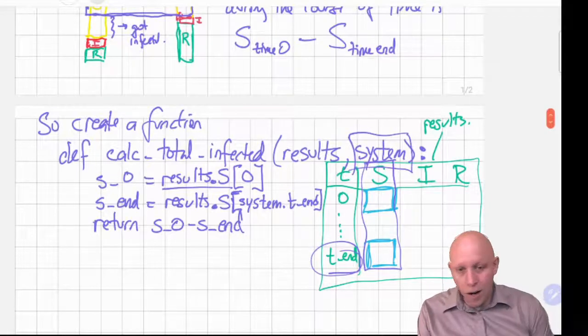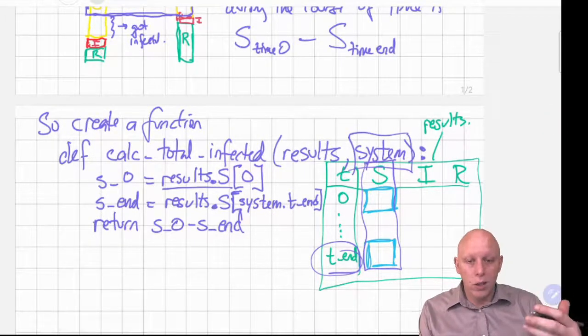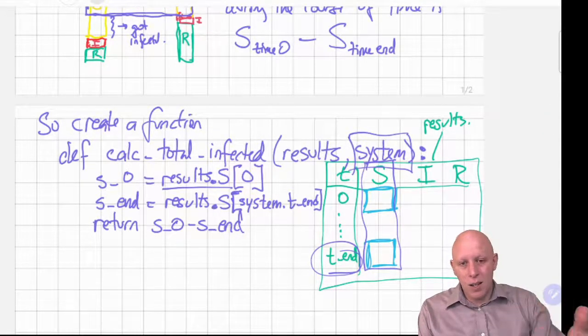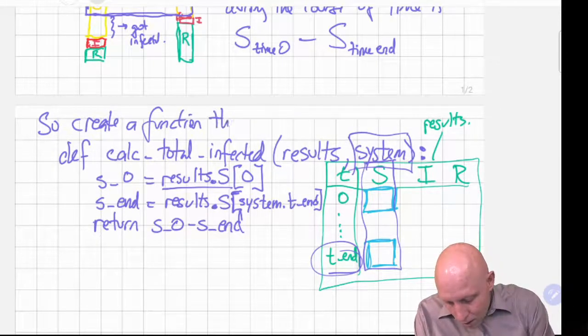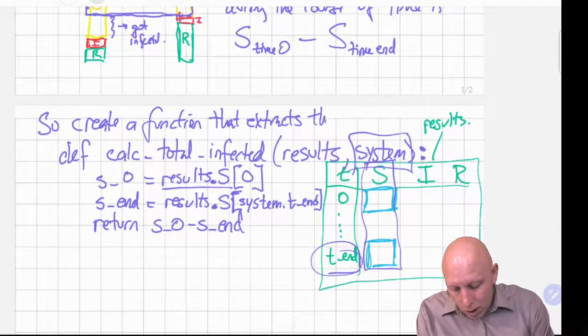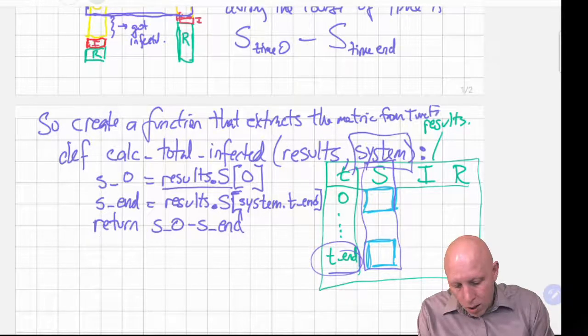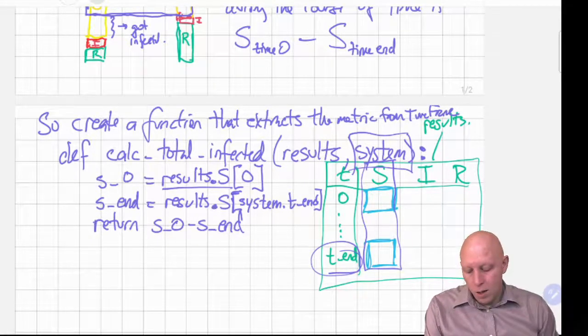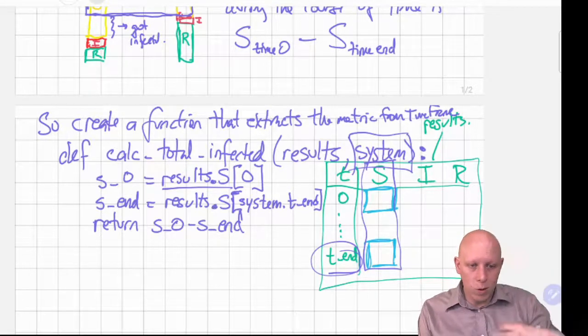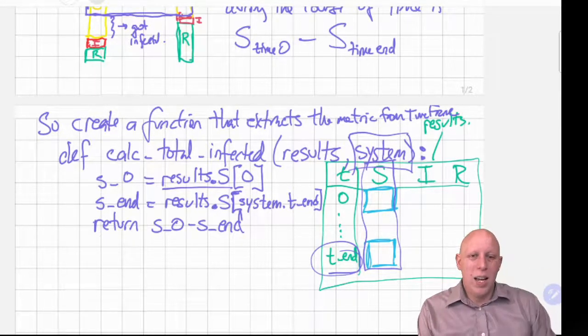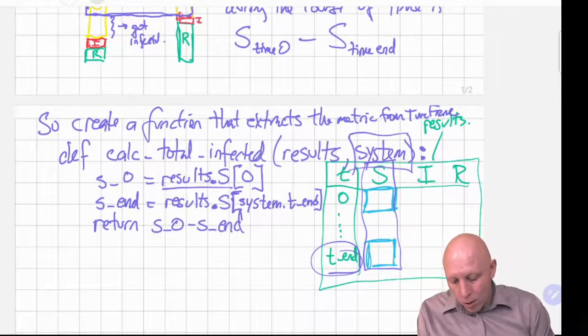And so now we have a function that extracts the metric from the time frame. You just bring in what the results are and what the system object is. We now can put this into our code from above.